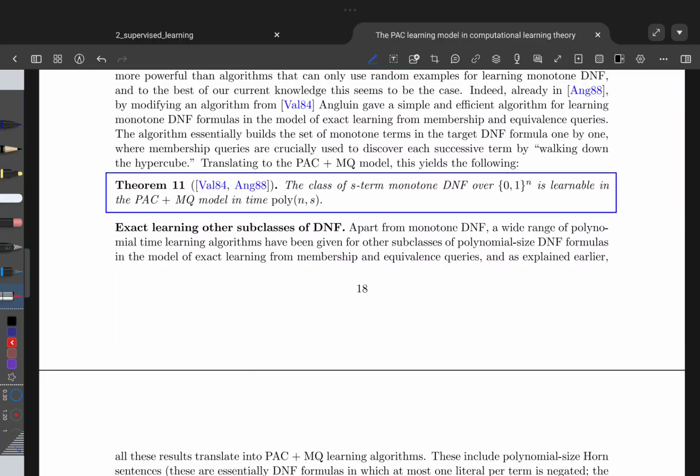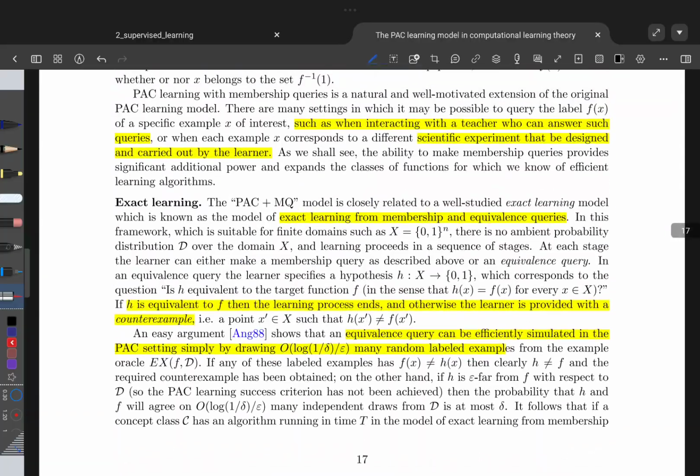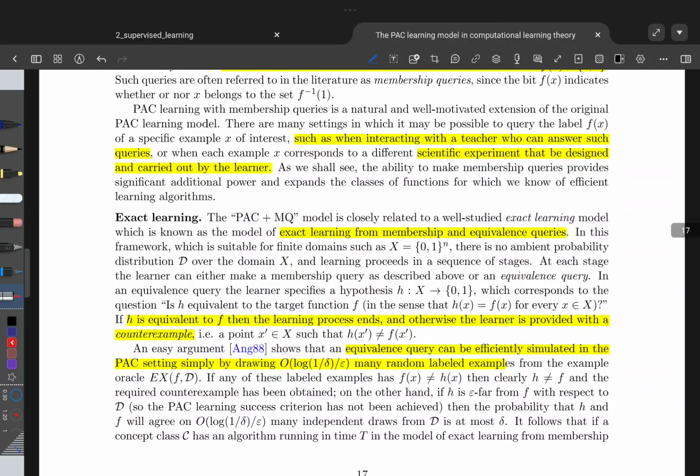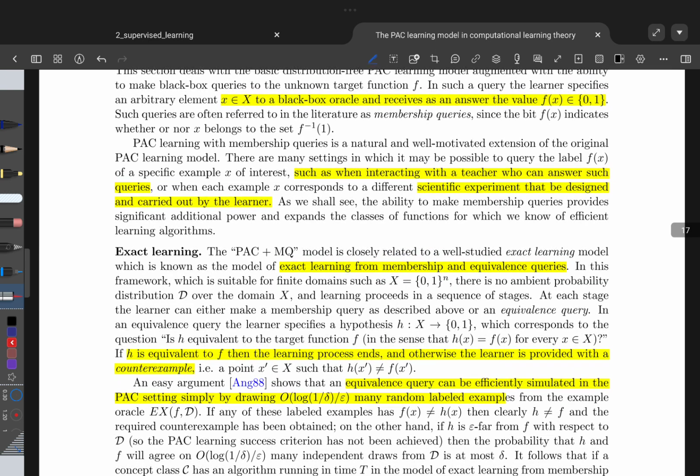How do we decide what queries to ask? That depends on the query model, on what kind of queries you're allowed to ask. There are different models that are studied in the literature. One is the so-called membership query, where you ask what is the value of f of x for some particular x.